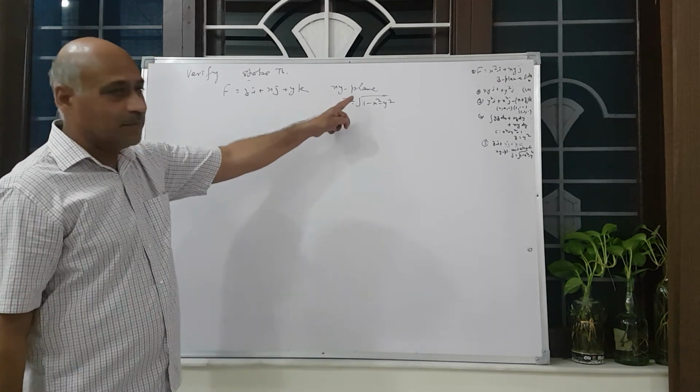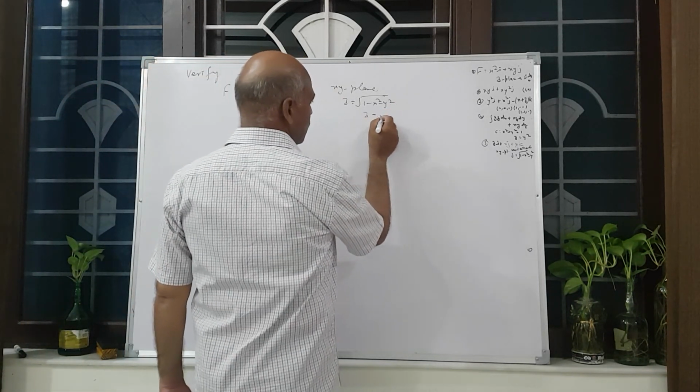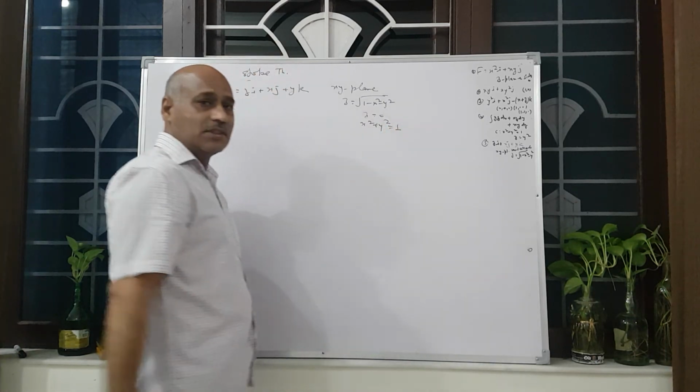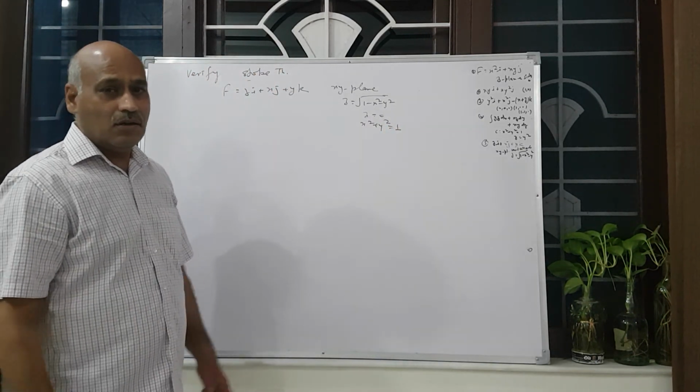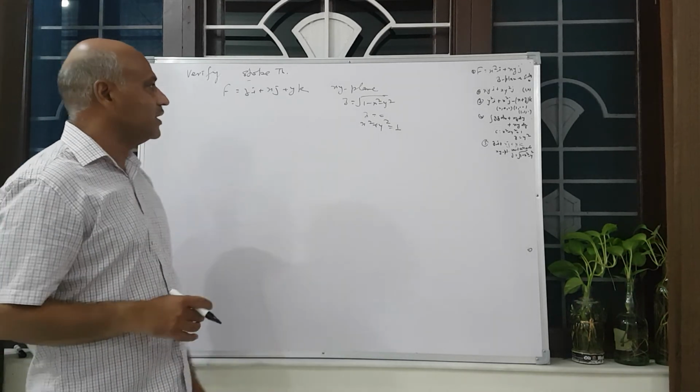So this is in the xy plane. In the xy plane z is equal to 0. So if we put z equal to 0, this becomes x square plus y square is equal to 1. So this is a circle with radius 1.